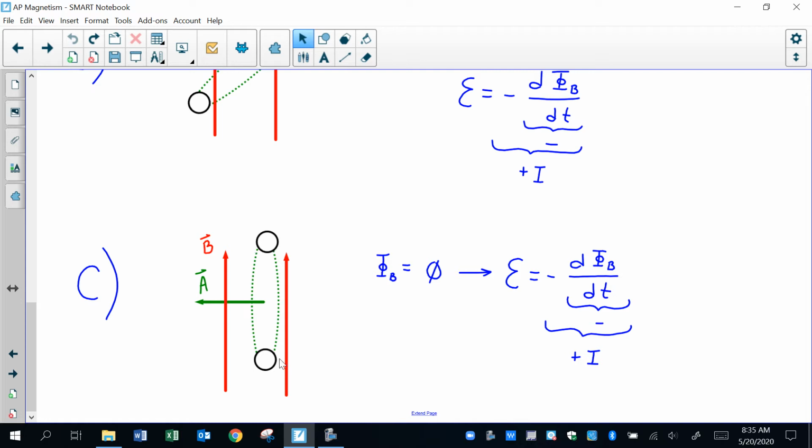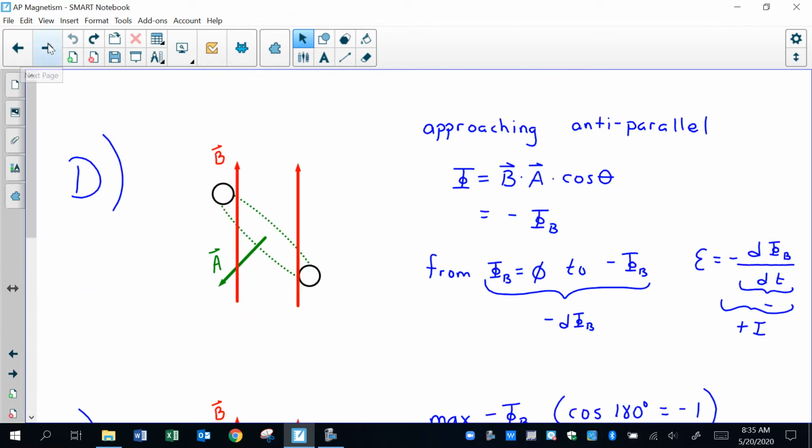And instead of making this particular slide too long so it doesn't fit on a piece of paper, we're just going to go to the next. So this is C right here, so we've got our area pointing straight to the left. Continue rotating, so that mechanical external force is continuing to push. So now I have arrows that are opposing each other. I am approaching anti-parallel, so I now have a negative flux.